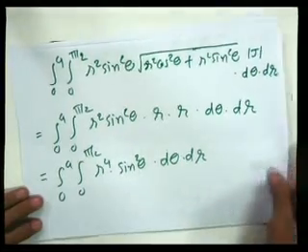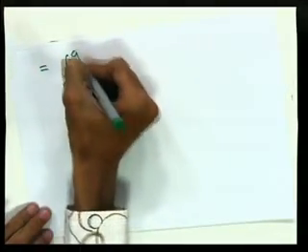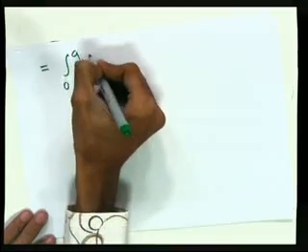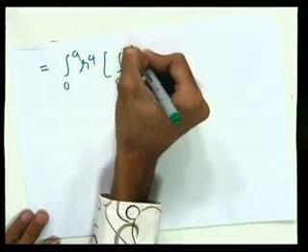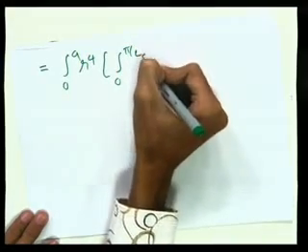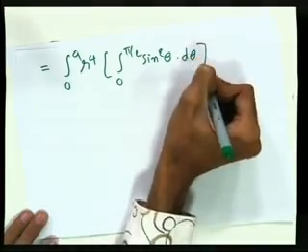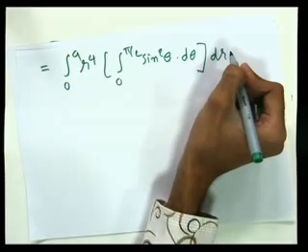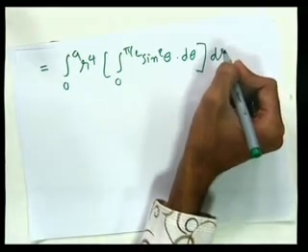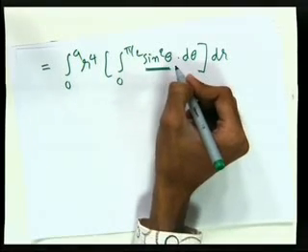So here it is equal to 0 to a r raised to 4, 0 to pi by 2 sine square theta d theta dr. Okay, so if we want to evaluate this one, then we have to use the trigonometry function.